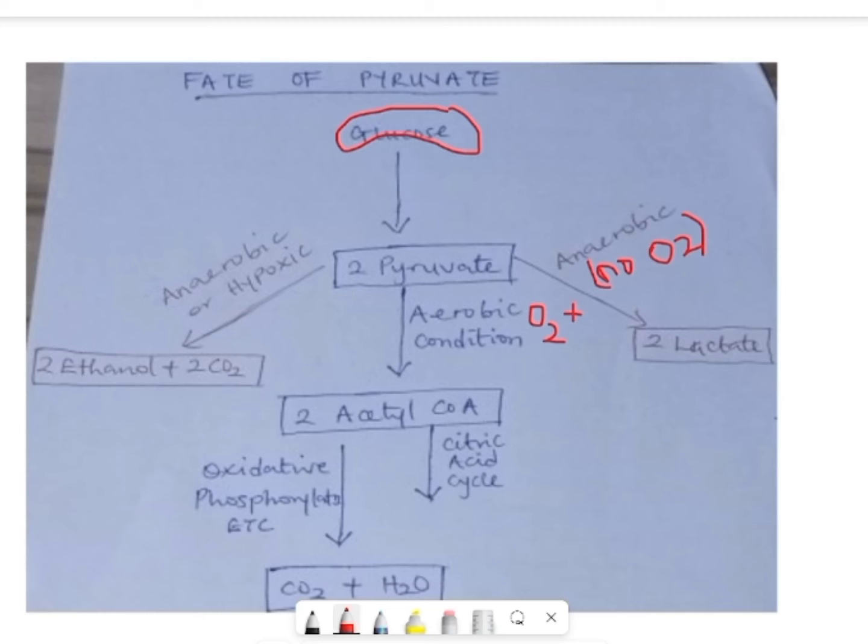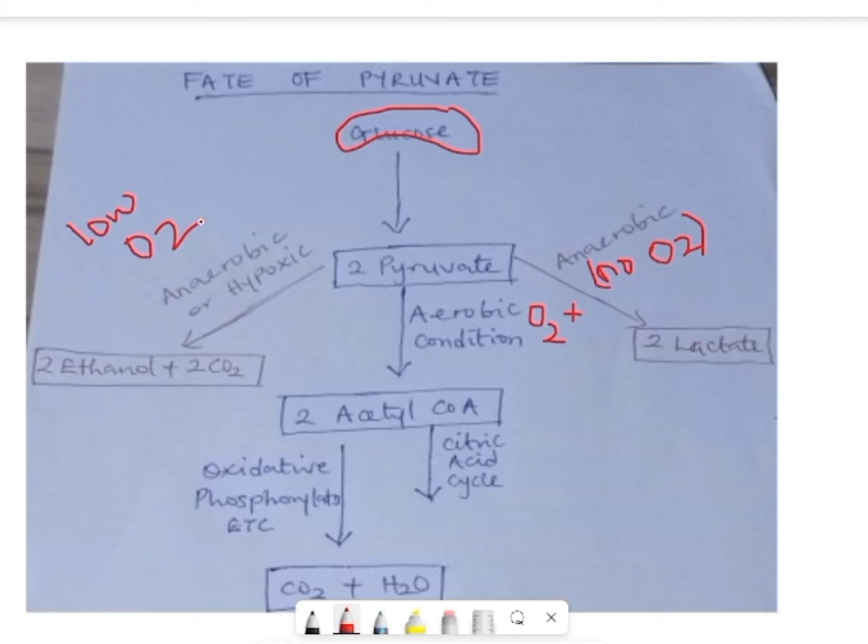Then you have another process, which is still the anaerobic or hypoxic process. In this process, you have low oxygen. There's oxygen, but it's very low, as opposed to no oxygen.